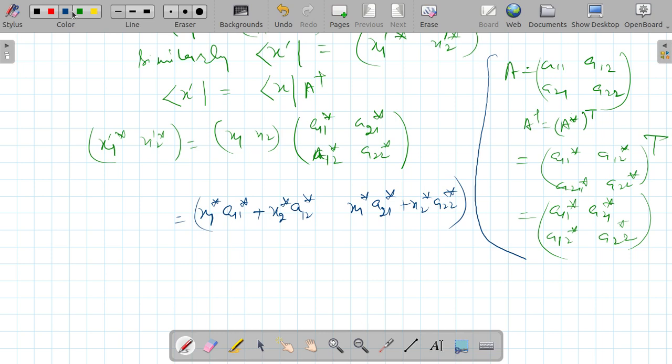That's what I'm getting. And in simple form, it can be written as a11 star x1 star plus a12 star x2 star, then a21 star x1 star plus a22 star x2 star.